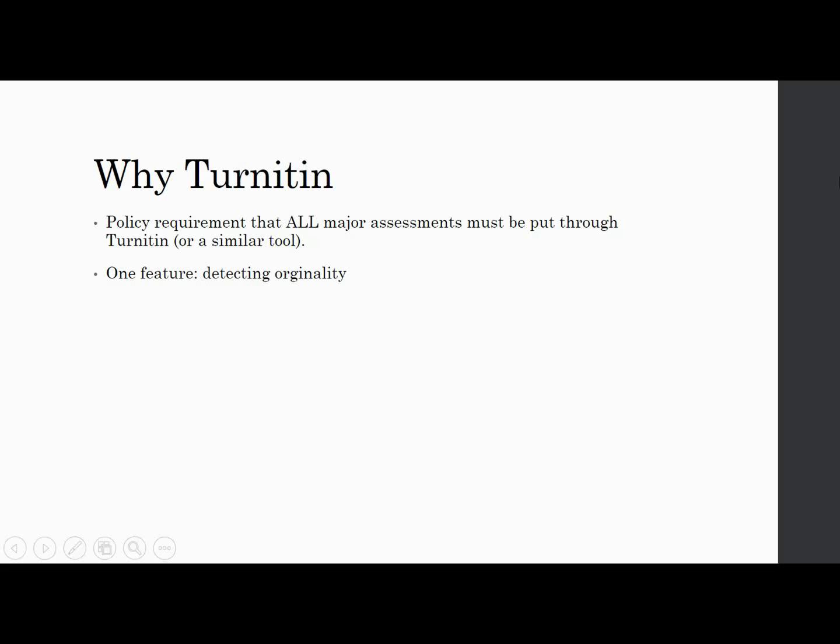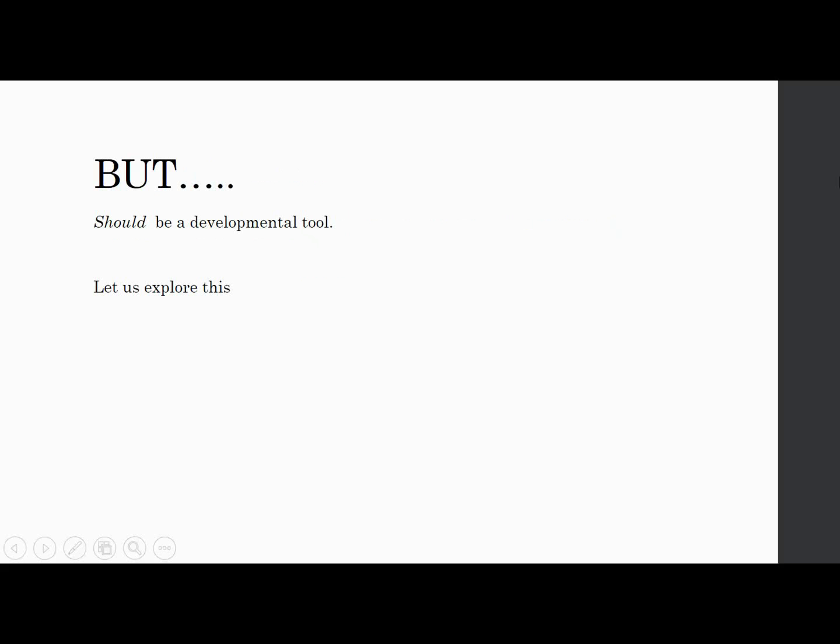But I want to actually focus on the fact that it should be a developmental tool. It should not be something, yes, for policy purposes and in making sure that it is your own work. Before you submit, you can tick, this is my own work. You put a plagiarism declaration in, also according to the policy, in your work at the beginning of your thesis.